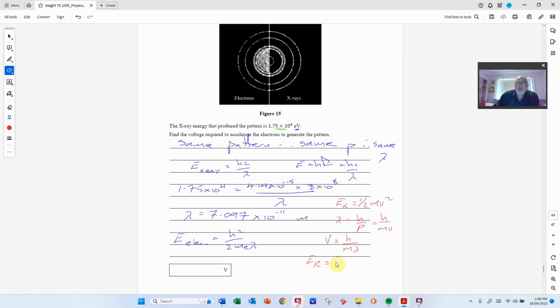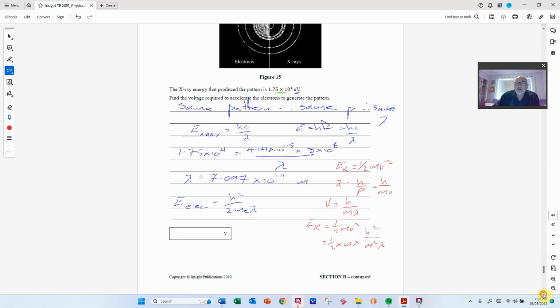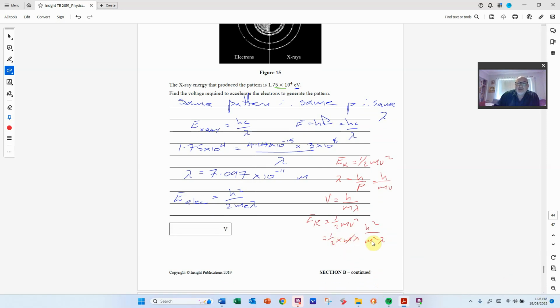So then if we substitute that in, we end up with KE equals a half mv squared. So that's equal to a half by m by h squared over m squared lambda squared. So one of those m will cancel out with one of those.